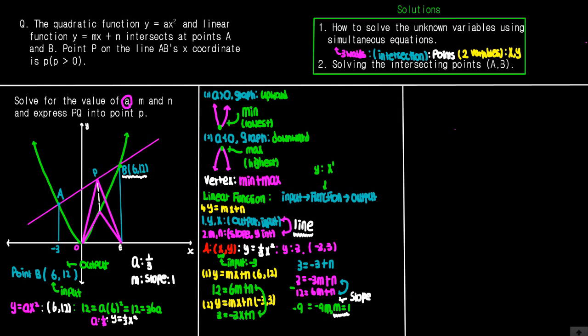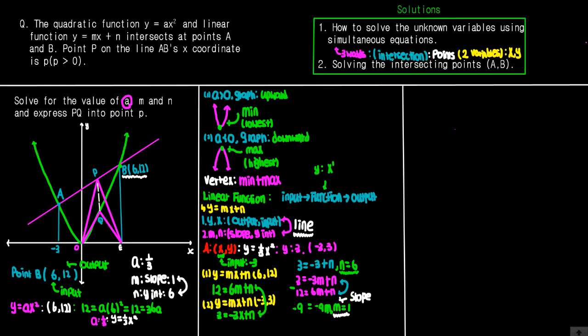And from here, if we add 3 to both sides, we could easily get n is equal to positive 6. So we figured out the whole answer, which was n, our y-intercept, which was positive 6. And we could do it through our simultaneous equation.